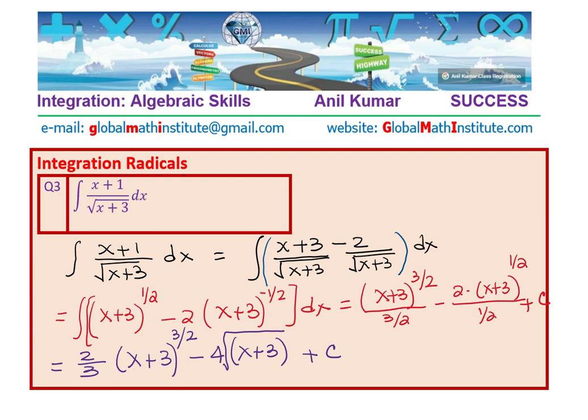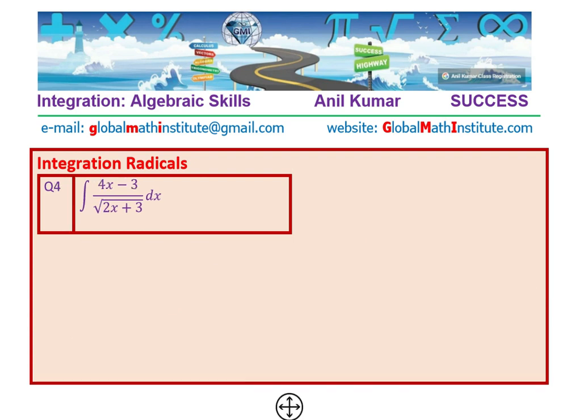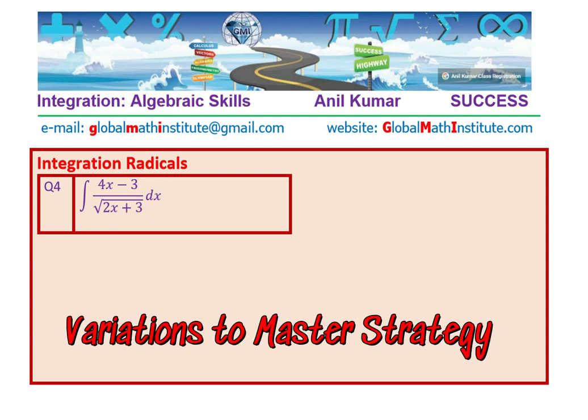Clear? Now here is the second example for you, very similar. However, slightly more tricky, since now, as you can see, we have 4x minus 3 in the numerator, but the denominator has the square root of 2x plus 3. How do we work with this? Let's try to understand this. So see how we are going to do it.